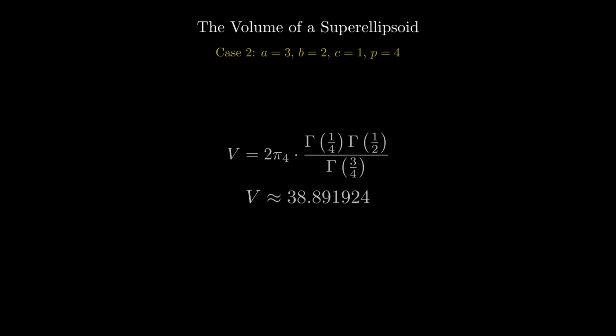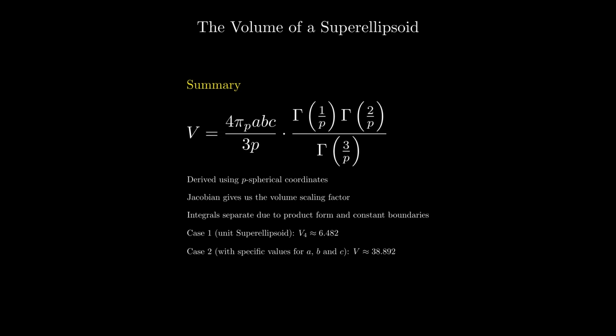And again, here's a summary. We determined the volume formula for a superellipsoid via setting up a triple integral and converting the coordinates into p-spherical coordinates. And then we calculated two specific examples.